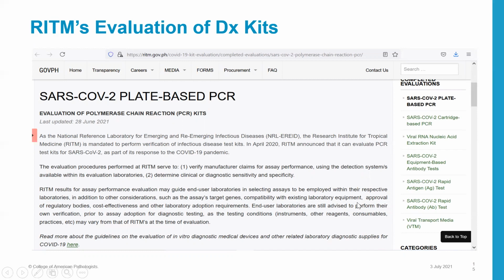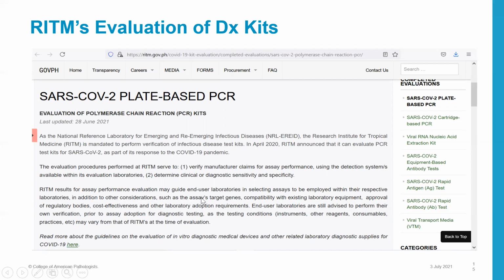Apparently, RITM is keeping track and is mandated to assess the efficacy of the different tests, starting with SARS-CoV-2 plate-based PCR, and then SARS-CoV-2 cartridge-based PCR, and then the viral RNA nucleic acid extraction kit, the SARS-CoV-2 equipment-based antibody test, SARS-CoV-2 rapid antigen test, SARS-CoV-2 rapid antibody tests, as well as the viral transport media.